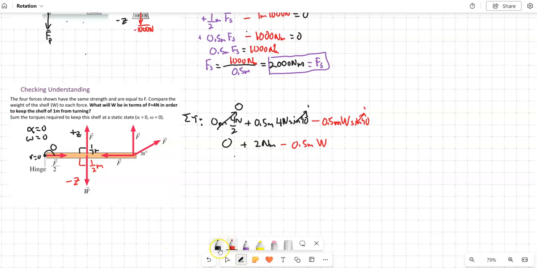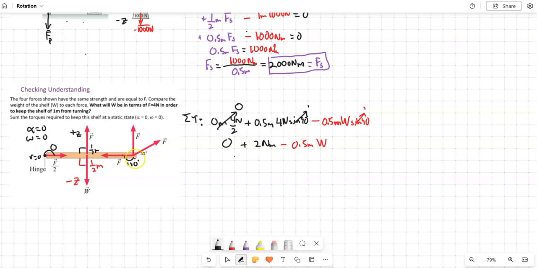Moving along, we get to this point right here. Now here we have 3 forces. Okay, so let's talk about this force right here. This force is located at 180 degrees. So this is 180 degrees to the pivot point.